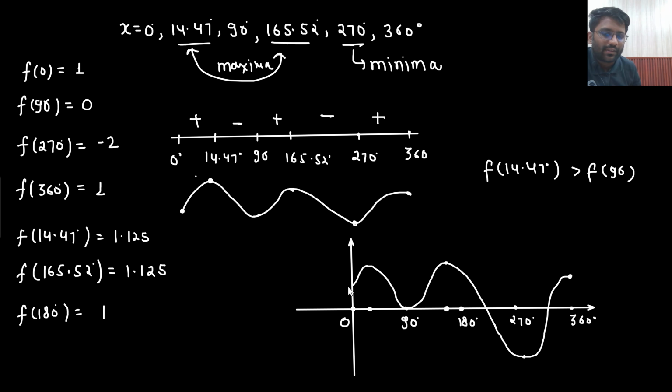Okay, this value is 1. This value is 1.125. This value is -2. Okay, sine 90 is 0. Here in between somewhere as well it will become 0. Between 180 to 270 somewhere it will become 0. What is this angle?